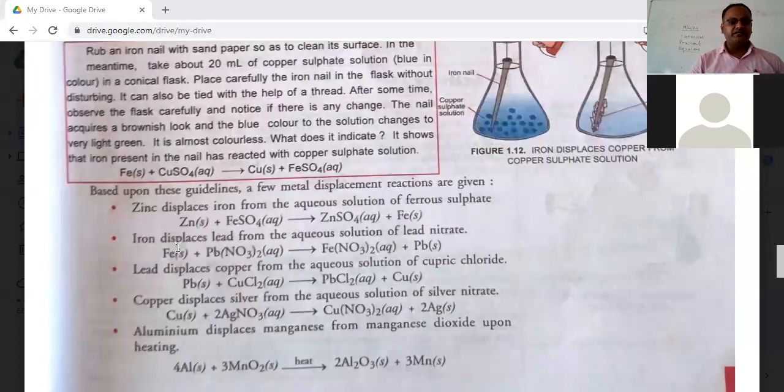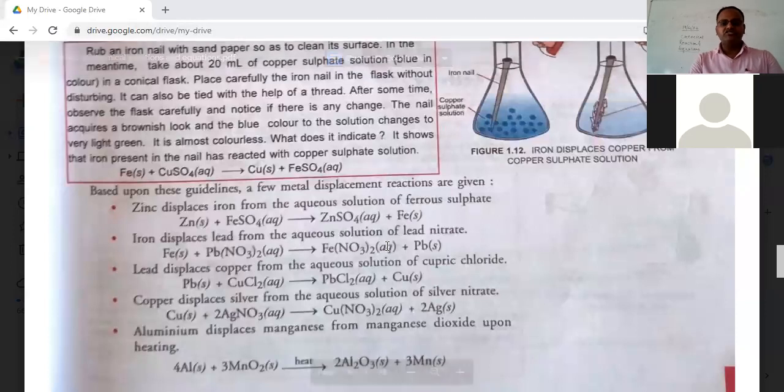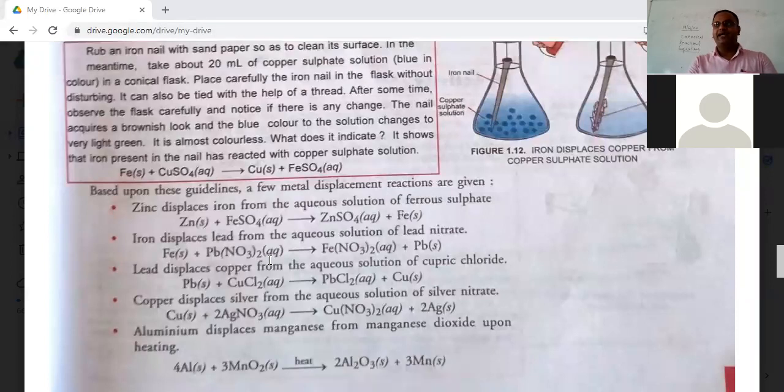In the similar second reaction, iron displaces lead from the aqueous solution of lead nitrate, and you get the product with the lead removed.